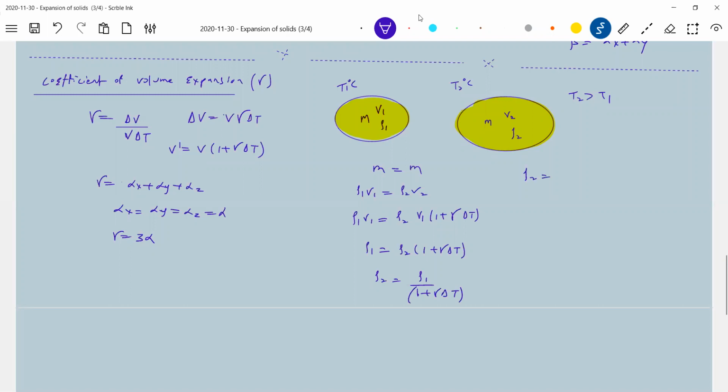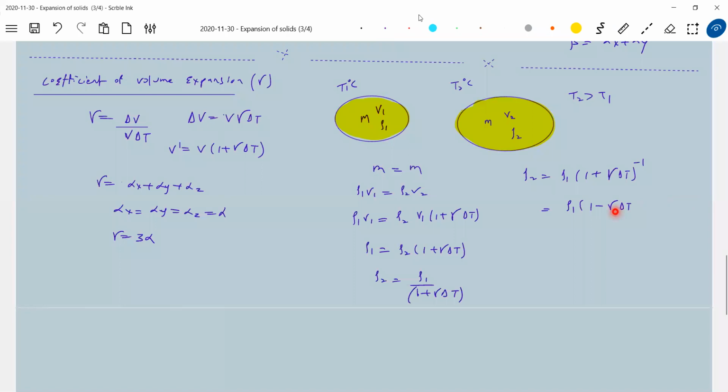By binomial expansion, 1 plus gamma delta T to the power minus 1. What is the order of gamma? 10 to the power of minus 6. So the product of these two will be very small. From binomial expansion, neglecting higher order terms, what you get is 1 minus gamma delta T plus gamma delta T whole square minus gamma delta T whole cube.